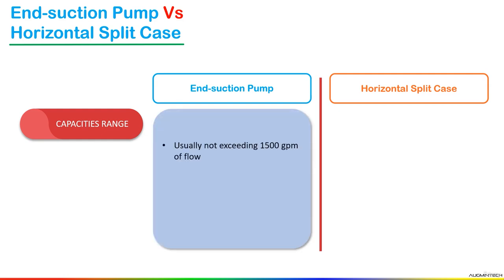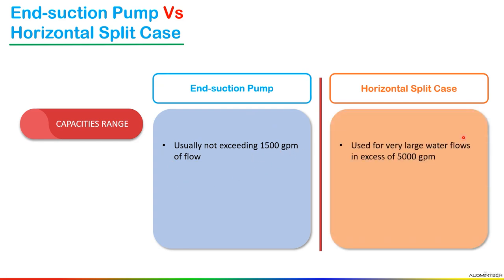Usually not exceeding 1500 gpm of flow, meaning the end section pump will be available up to 1500 gpm of flow, and the horizontal split case pump is used for very large water flow in excess of 5000 gpm, meaning up to 5000 gpm flow.